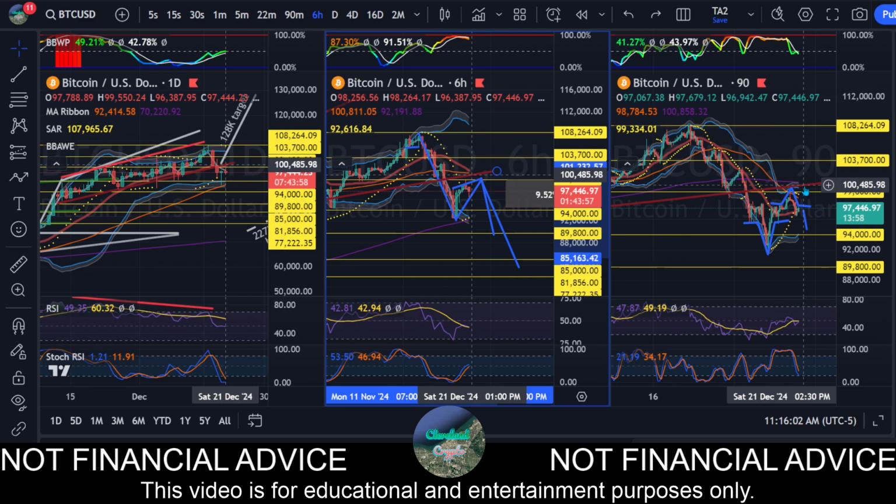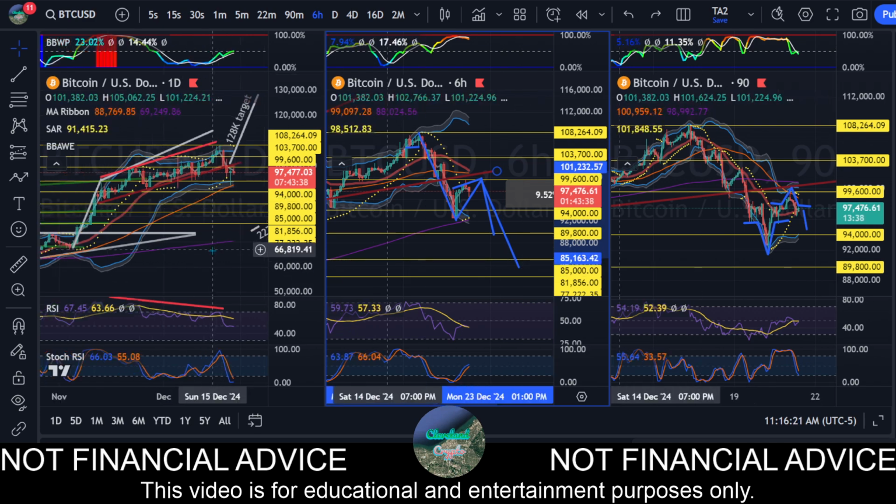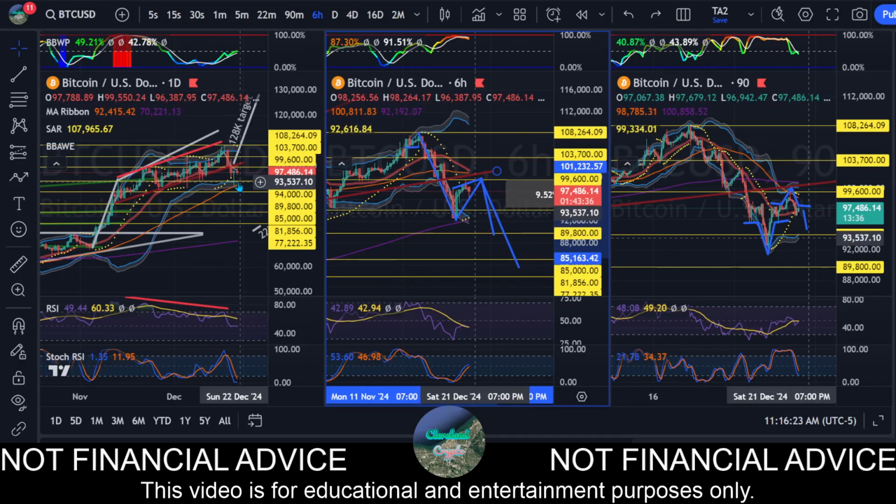If it can't get over 99.6 or 100.6, then we're going to see more downside, all the way down to as far as 85. I don't want to spook you, but that's what we've been talking about for about a month, is that move down to 85.